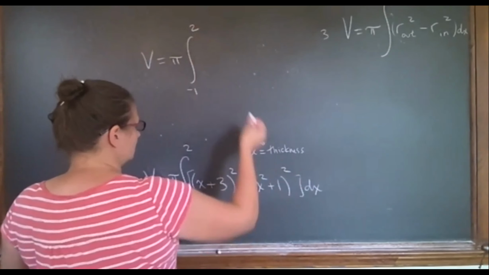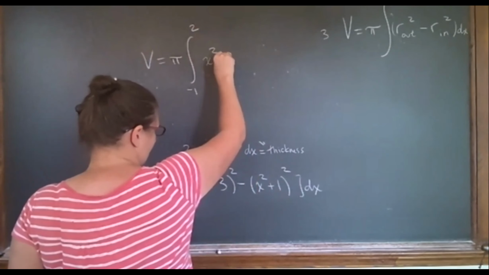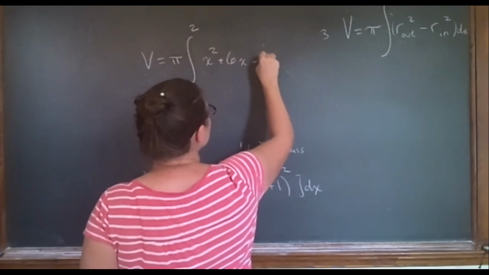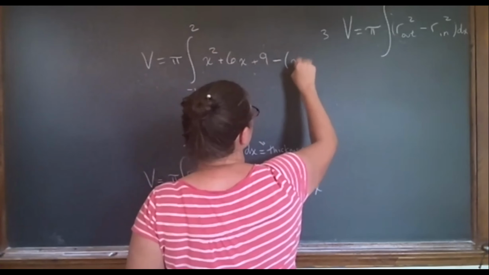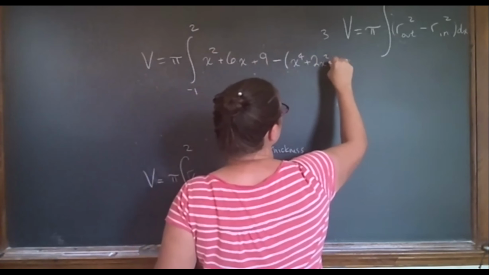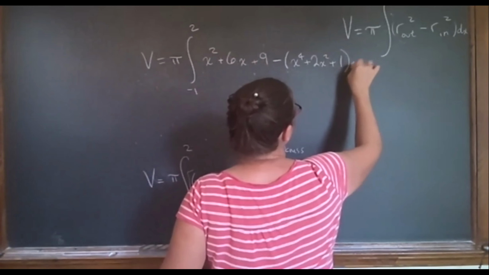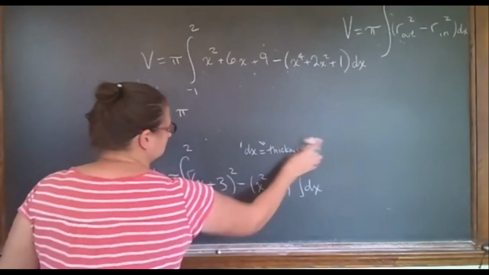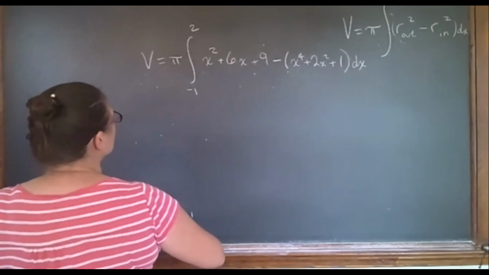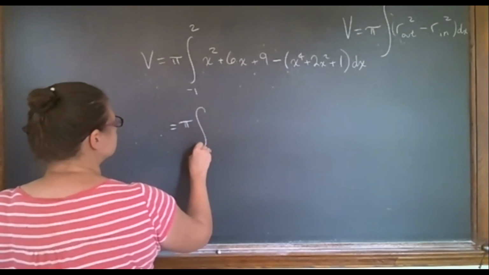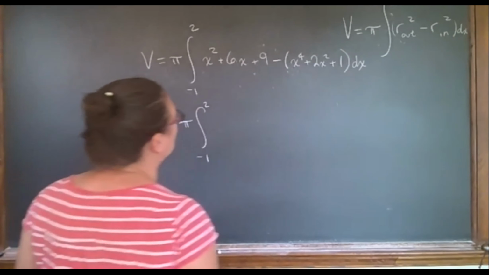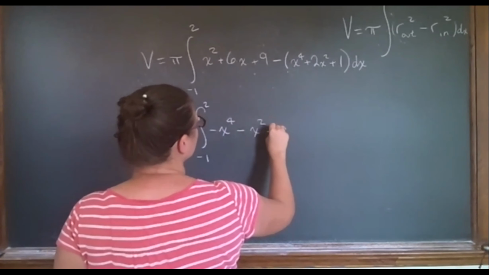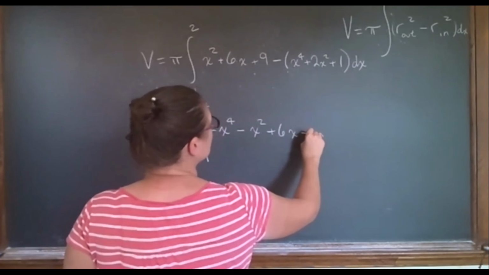So I have to work this out. 3 times 2 is 6 plus, right? Plus 6x plus 9 minus x to the 4 plus 2x squared plus 1. Minus x to the 4 minus x squared plus 6x minus 8.